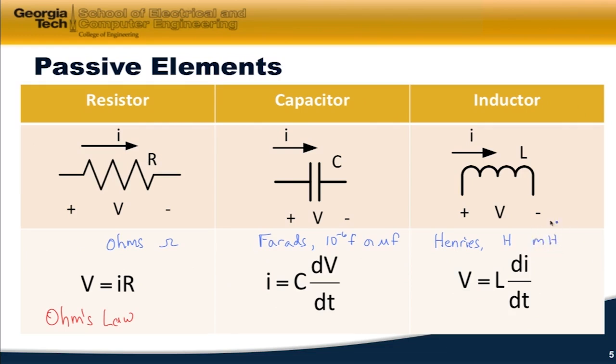So the range that we often look at is, again, millihenries. And notice again that by convention the current is going into the positive side of the voltage in order to get this equation. These are called passive elements because they don't require a power supply just for that element. There are other elements that we will see in electronics that we'll call active elements that require a power supply to make them work, to make them give their characteristics.